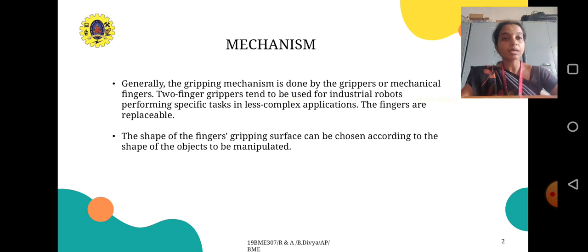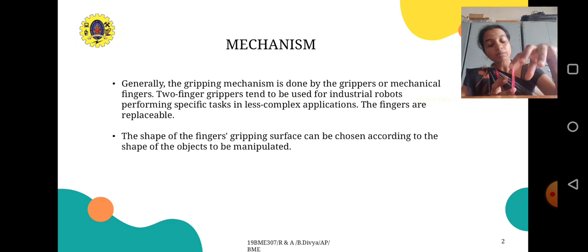Two-finger grippers tend to be used for industrial robots, for performing specific tasks in less complex applications.